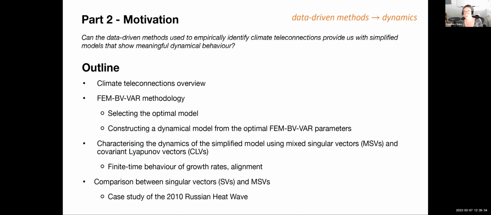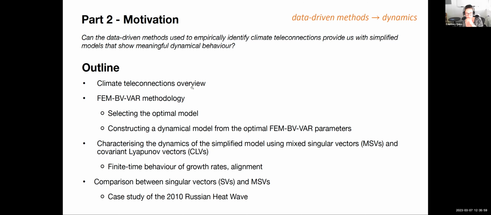What our unstable and neutral subspace might look like, or what even a lower dimensional space looks like. So this made us consider whether we can use data-driven methods to empirically identify our climate teleconnections, and then use those to create a model that shows meaningful dynamical behavior.